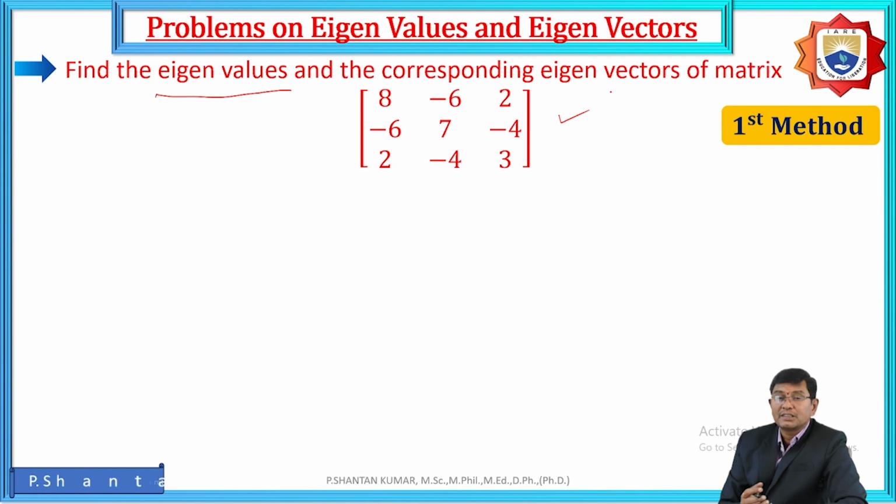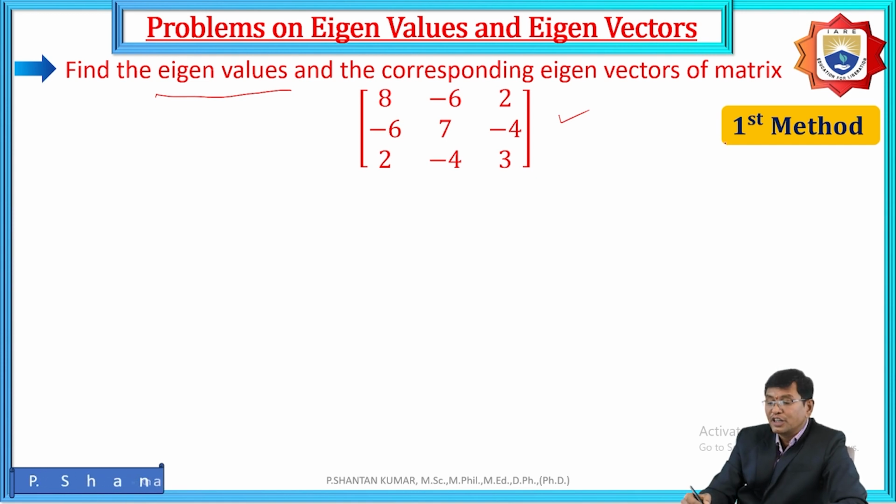If the matrix is 2 by 2, we obtain 2 eigenvalues. The eigenvalues may be repeated or different, that is a secondary matter. Here, the number of eigenvalues depends on the order of the matrix. Now, let us find the eigenvalues. According to the definition, we first need to find the characteristic equation.